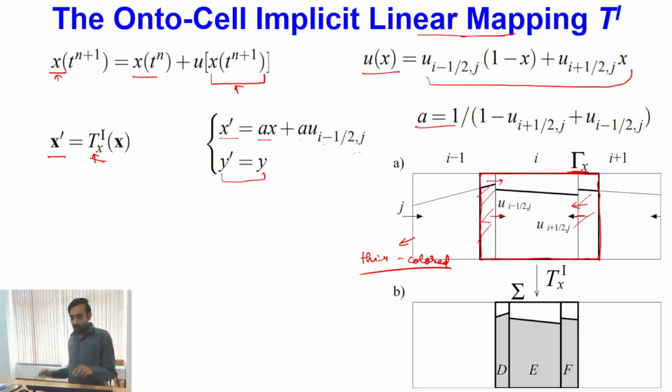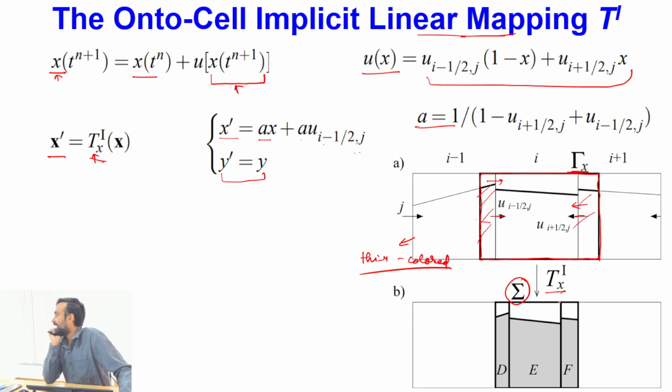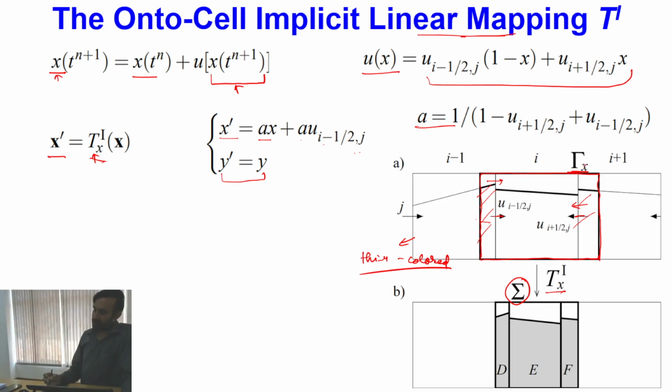Now on this gamma x, if I apply this transformation, ultimately it gets compressed to sigma, where sigma is the reference area of the cell, which is just linearly mapped onto the actual grid. In this way we can transform gamma to sigma by using this type of implicit method.